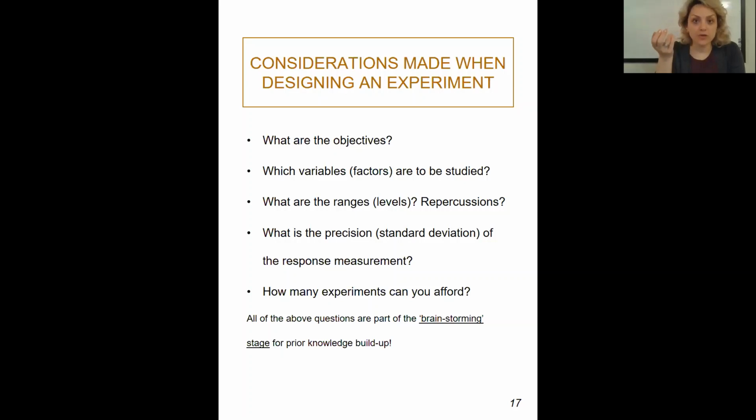How many experiments can you afford? The number of all those runs that you saw, the replicates and runs, all together represent the number of experiments that you would need to do. If you tell me that I have two factors, one has 3 levels, the other has 2 levels, and for each operating condition I want 3 replicates, that means I would have 18 in total.